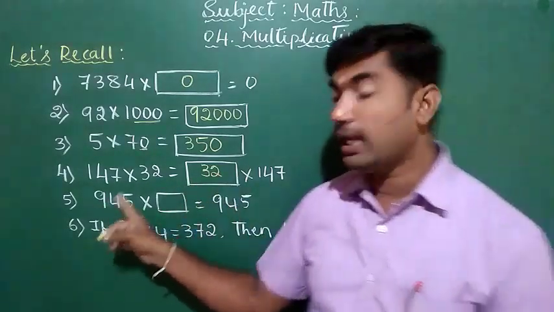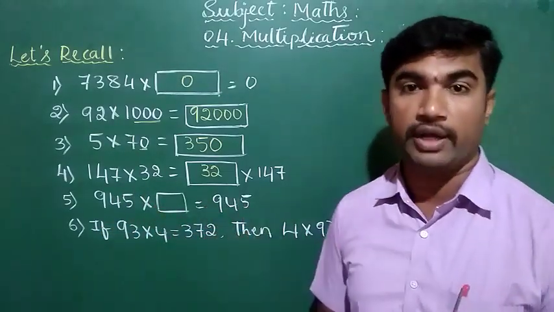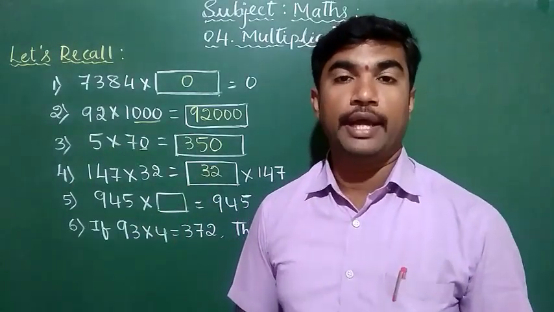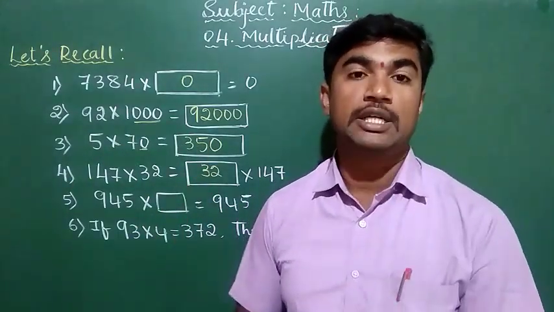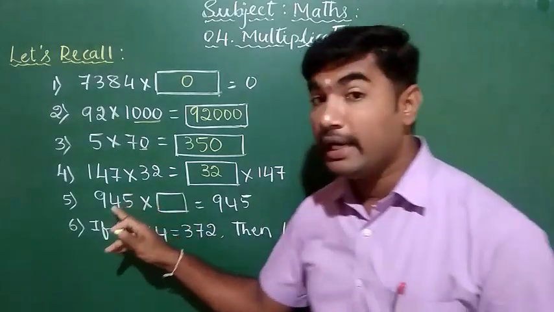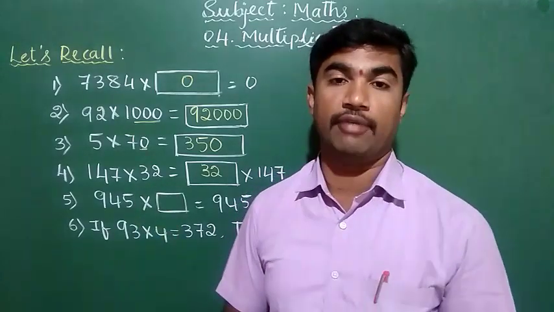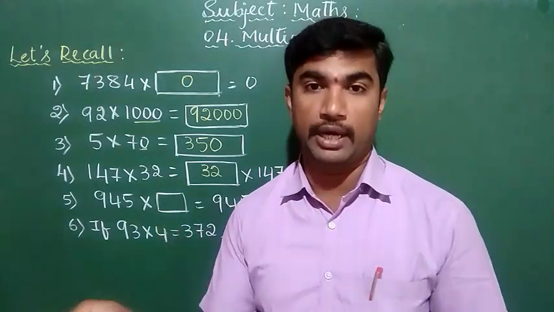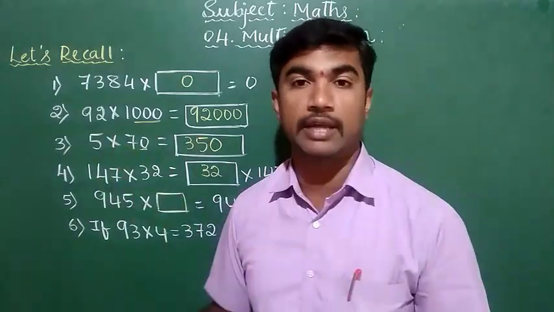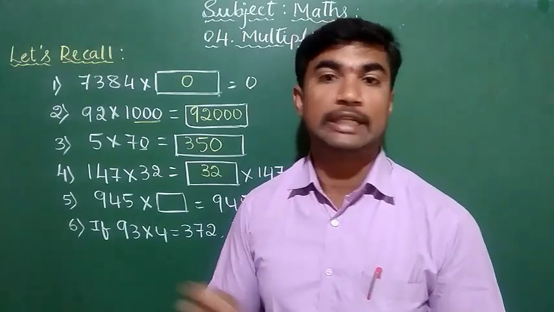The fifth question is 945 into dash equal to 945. Here the multiplicand and the product are the same. In the facts about multiplication, it says that when we multiply any number with 1, we get the product as the number itself. Example 1 into 1, 2 into 1, 3 into 1: we get the same number itself. 3 ones are 3, 4 ones are 4, 5 ones are 5, 6 ones are 6.